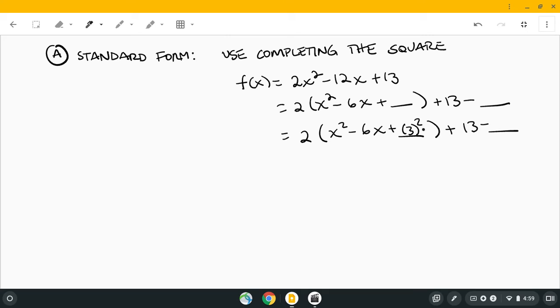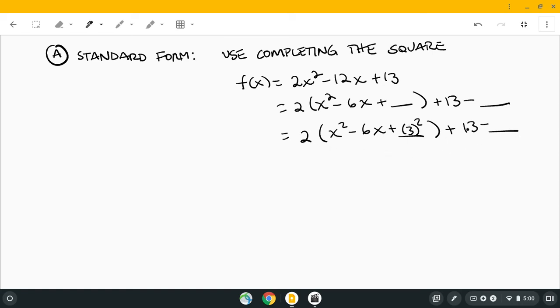Okay, so 3 squared is 9, yes. But you're not actually going to subtract 9 here, because everything in here is grouped in parentheses, and everything in here is getting multiplied by 2. So you're not really just adding 9 here. You're actually adding 9 times 2, which is 18. See that? You have to be careful when you factor things out like this. So it's not 9 that you have to subtract here.